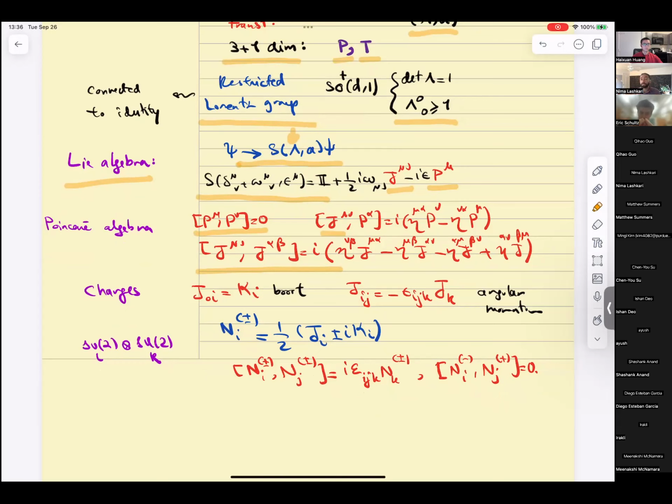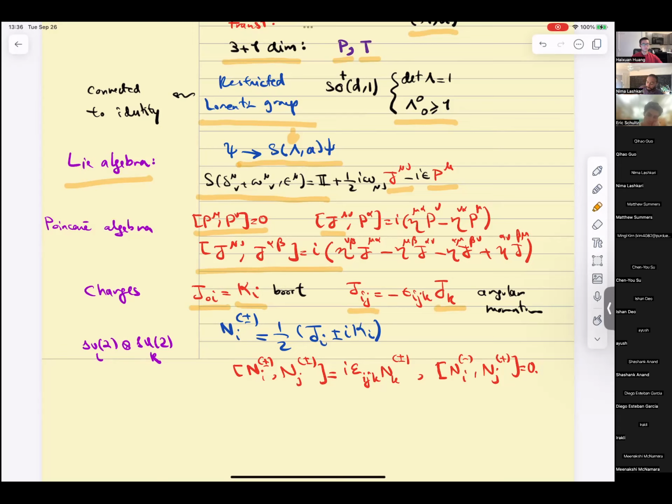To write down the charges in more familiar language, we said that you could take this J^{0i} and call that K_i. These are your boost transformations. There are 3 of them. The i index runs from 1 to 3. And J^{ij} is basically a 3 by 3 matrix, but it's anti-symmetric. You could write it in this form to get the angular momentum. There are 3 of them labeled by k. Epsilon ijk is the anti-symmetric tensor.